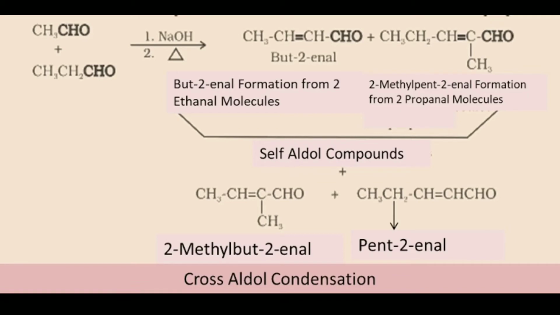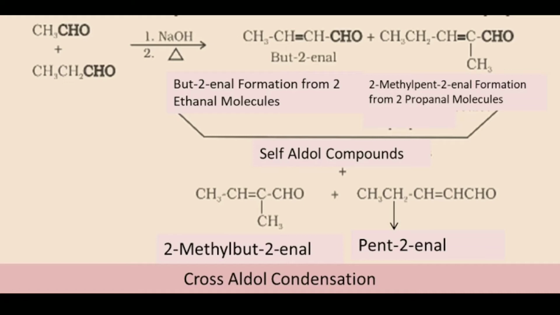For example, a mixture of ethanal and propanal on reaction with dilute alkali followed by heating gives a mixture of 4 products. The ketones can also be used as one of the components in cross aldol condensation reaction.